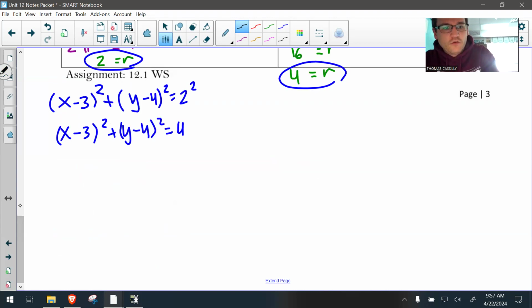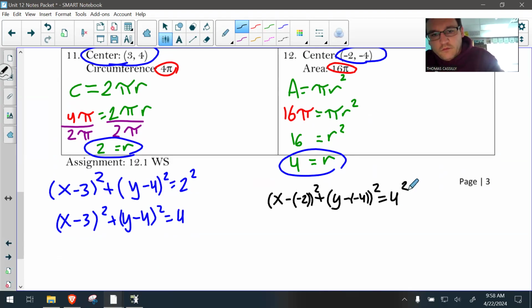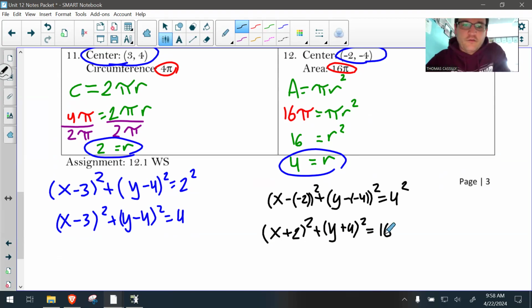Can we finish? x minus -2 squared plus y minus -4 squared equals 4 squared. Therefore, simplifying everything, x plus 2 squared plus y plus 4 squared equals 16. And that is our final answer here.